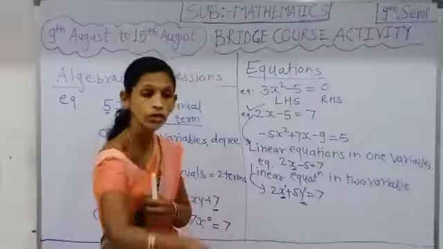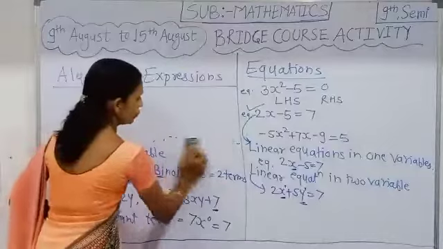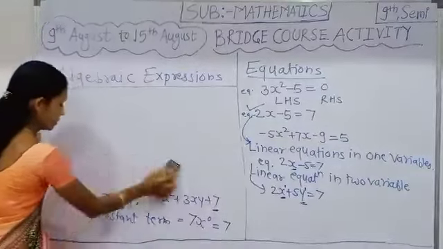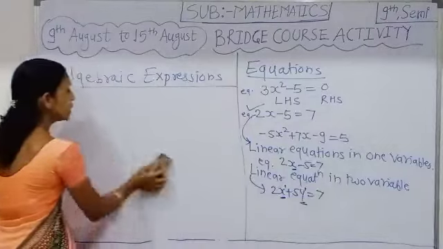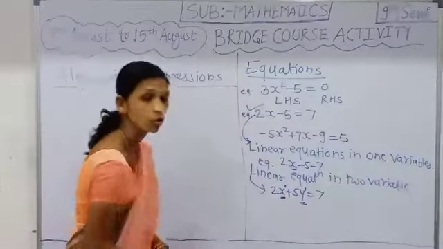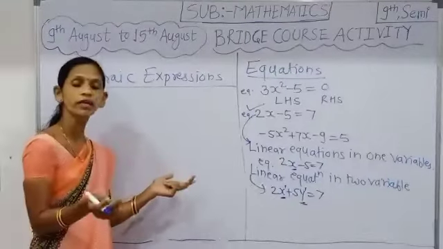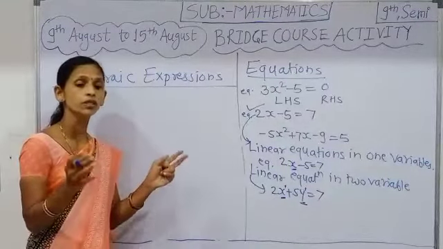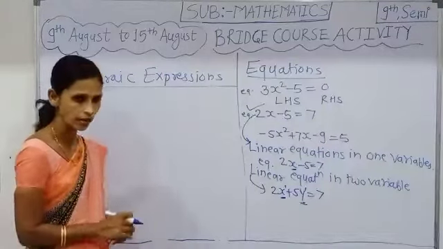All of you have studied that. Then we will solve a few equations. Solving an equation means getting the solution or root of that equation which can satisfy both sides, that is, LHS becomes equal to RHS.